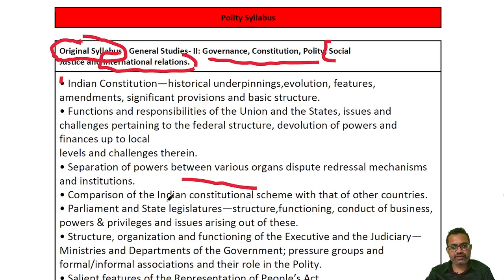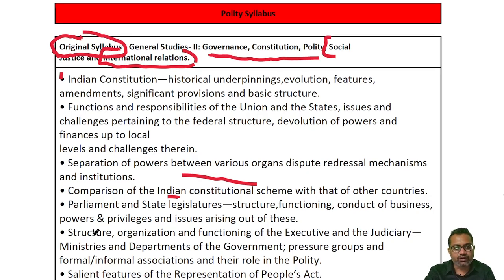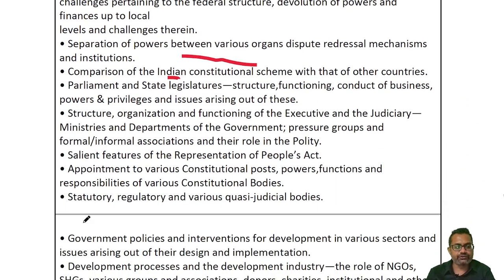Then comparison of Indian Constitution with others, then the Parliament and state legislature, then the structure, organization and functioning of the executive, then the salient features of the Representation of People's Act, then the appointment of various constitutional bodies, and the statutory, regulatory and various quasi-judicial bodies. So till here, all the topics deal with polity and governance.